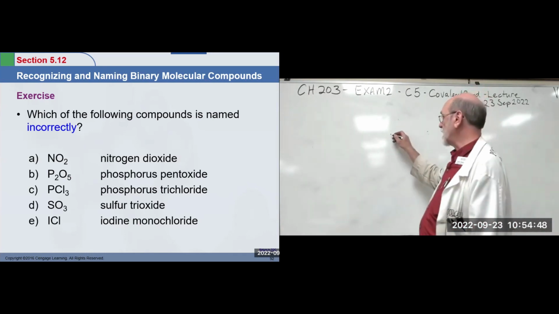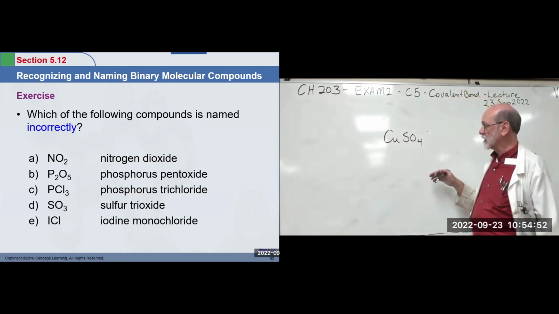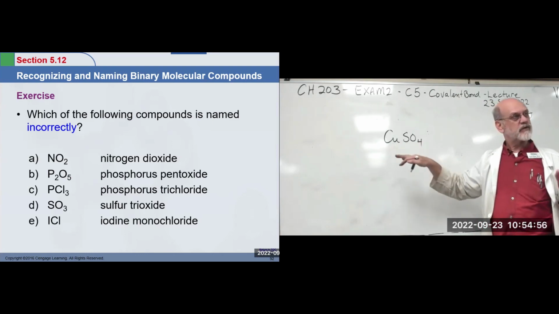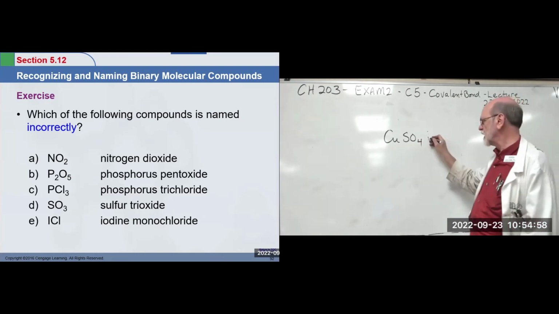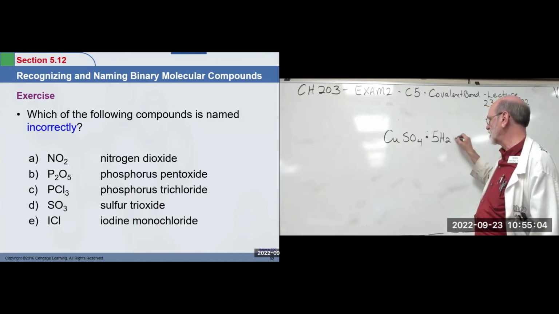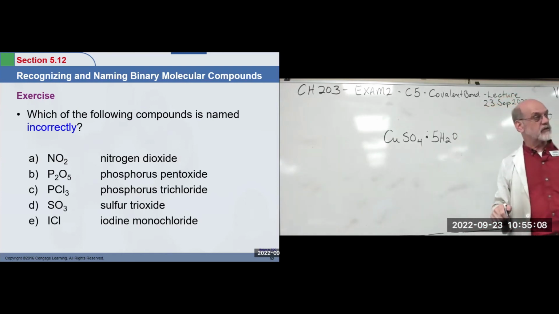So if we have copper sulfate, all right, so this is a 2- charge, that's a 2+ charge, but there's some water attached to it. We put a dot in the middle of the line here, and then we say how many of them there are. For every one of these, there are 5 waters attached to it.